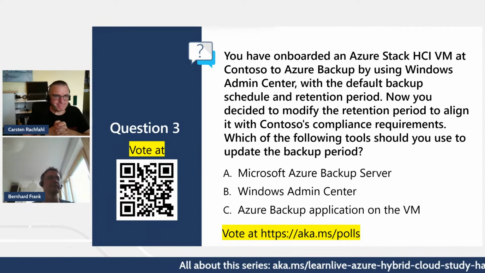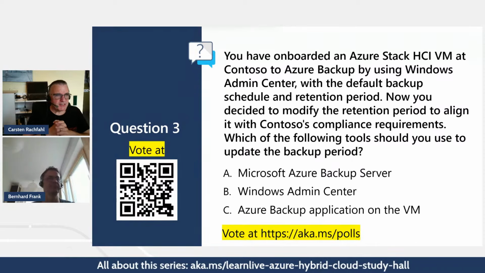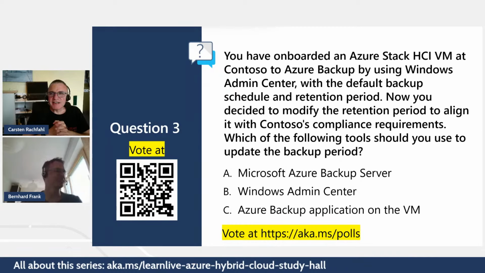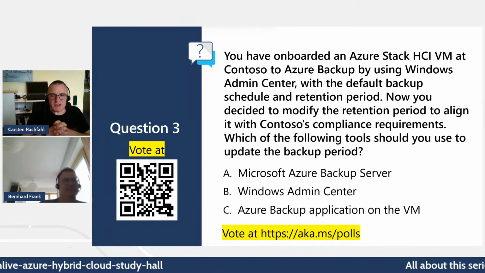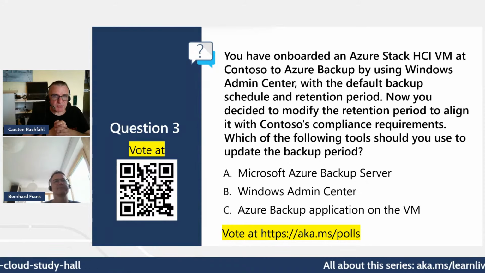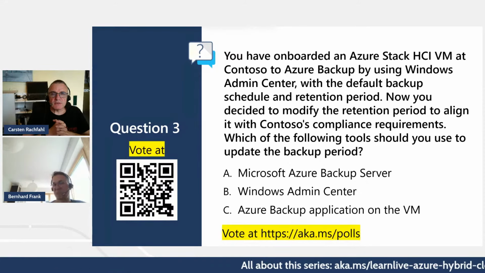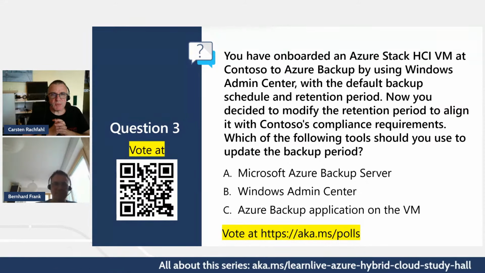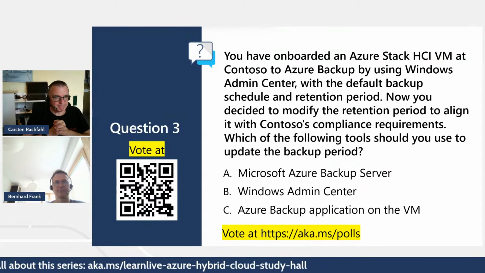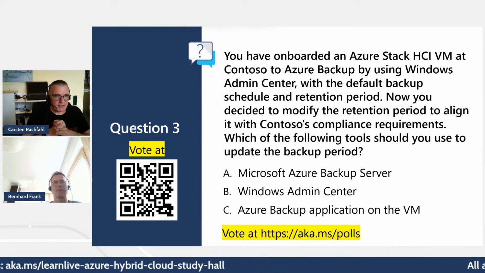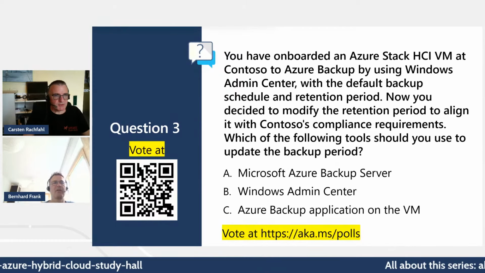Hmm, not sure. Have you seen it there, Bernard? No, I haven't, to be honest. Can we do it in Azure Backup Server? Do we have an Azure Backup Server here, or do we have to do it in the Azure Backup application on the VM? I think it's a hard one. What do you think, Bernard?